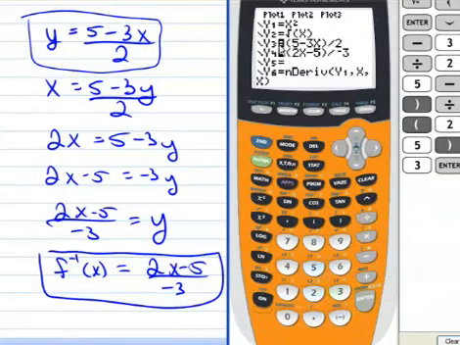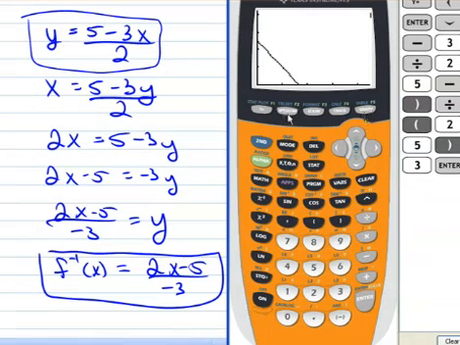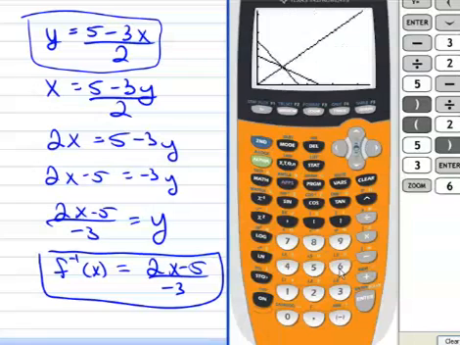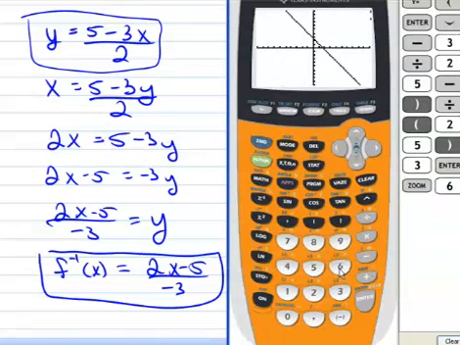And I'm going to graph those two, and I'm also going to graph the line y equals x. So I'm going to graph 3 things on the set of axes, and that's not a bad view, but I'm going to go back to standard. Okay. There's f inverse, and there's y equals x.